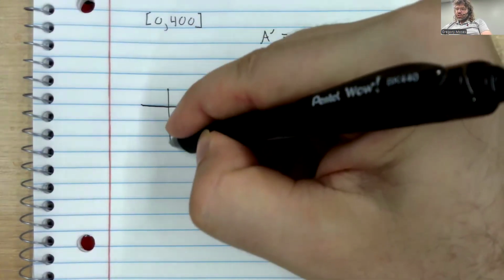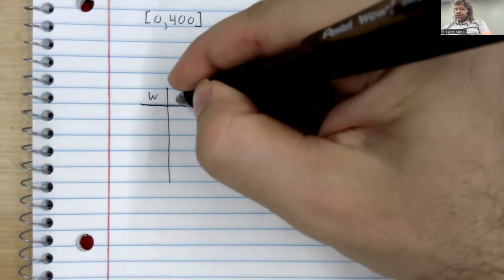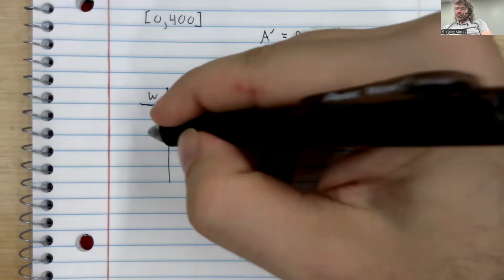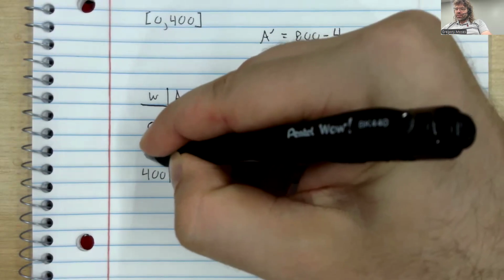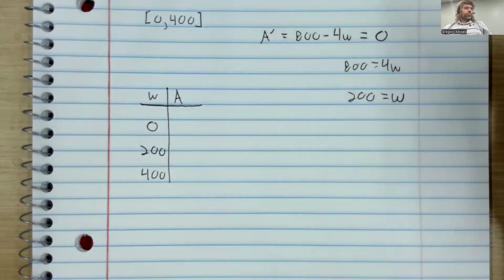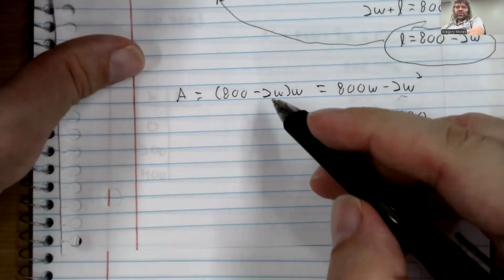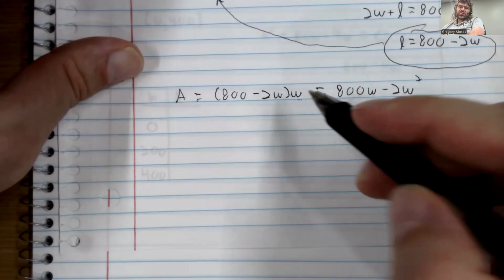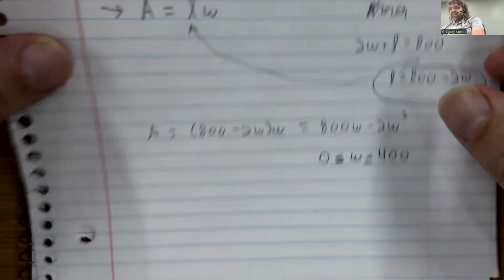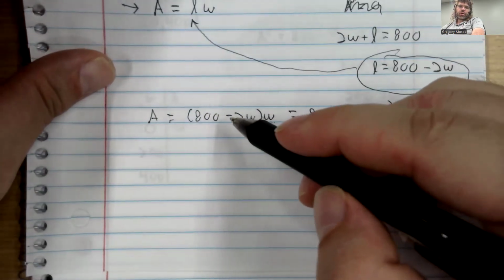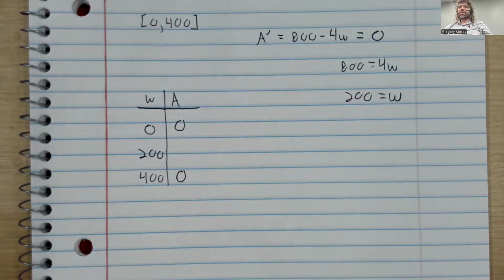So we look at the area at 0, at 400, and at 200. Well, when we stick 0 in, we get 0 for the area. When we stick 400 in, we get 0 for the area.